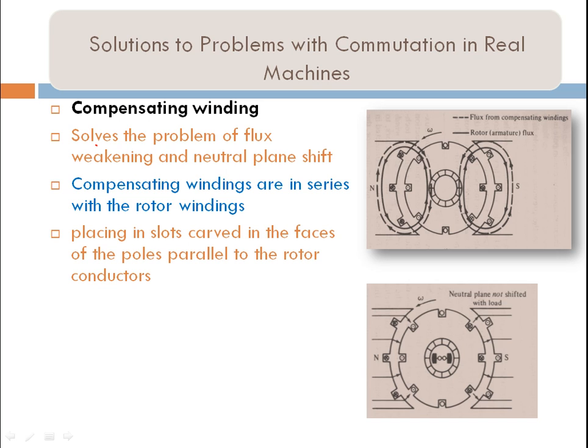Now, to solve the problem of flux weakening and neutral plane shift, compensating windings are in series with the rotor winding, placed in slots carved in the faces of the poles parallel to the rotor conductor. So we can solve it in this way.